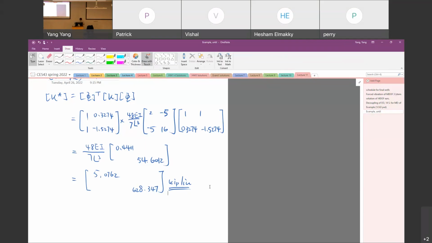So we have the M star, K star. So next, for this problem, there is no damping, right? So we just need to calculate the Q star. That's the force.